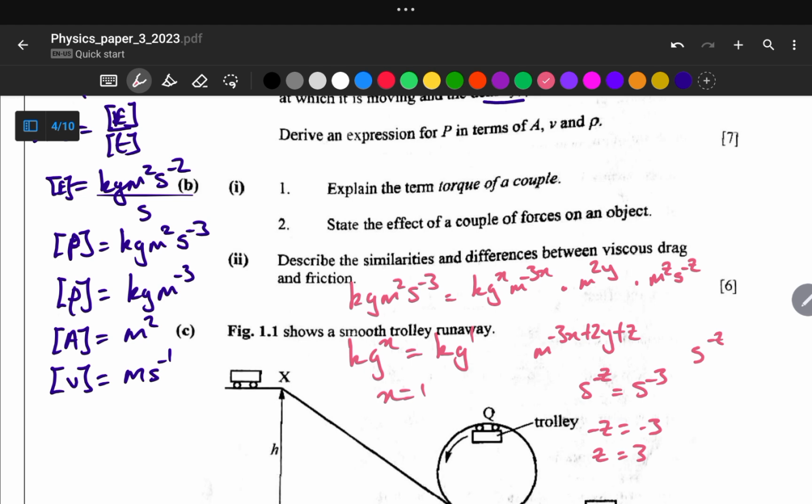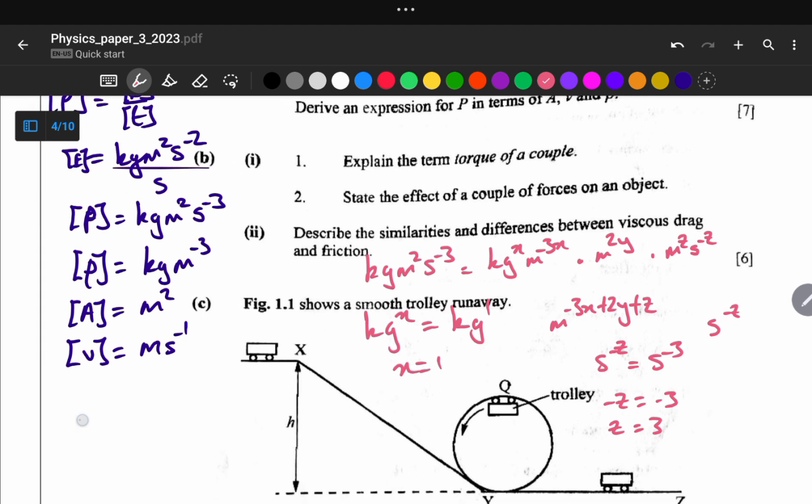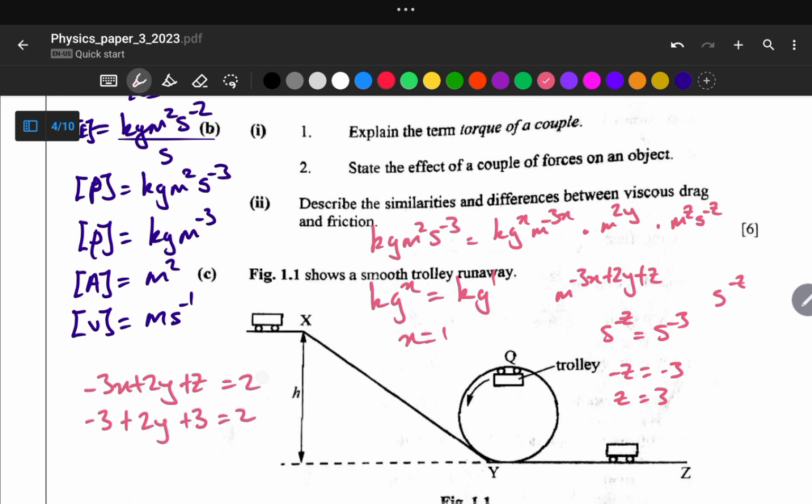Okay, and we are now left with the value of y. So we can use minus 3x plus 2y plus z being equal to 2 on the left hand side of the equation. Our x is 1, so it's minus 3 plus 2y plus 3 being equal to 2. So 3 minus 3 is equal to 0.